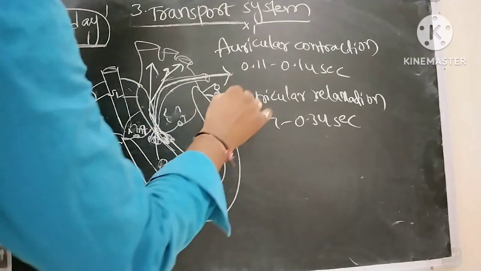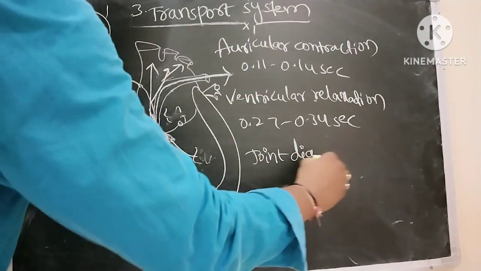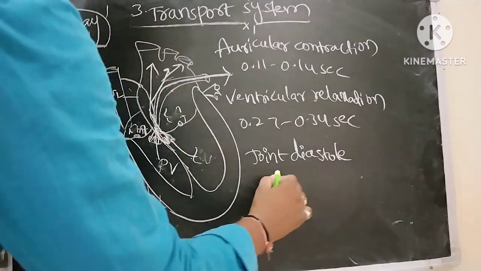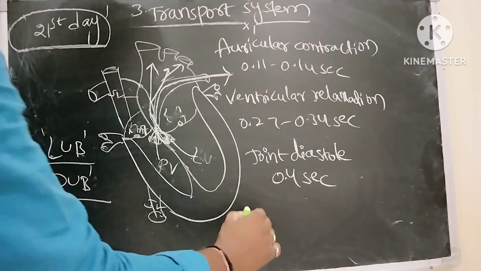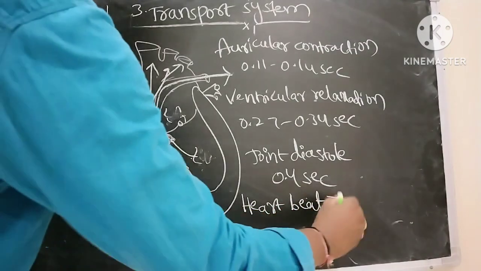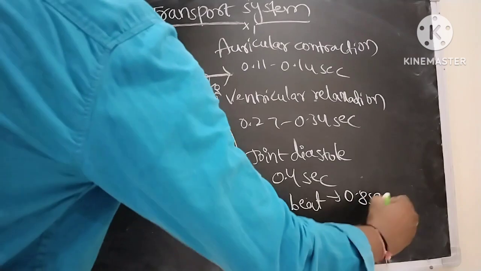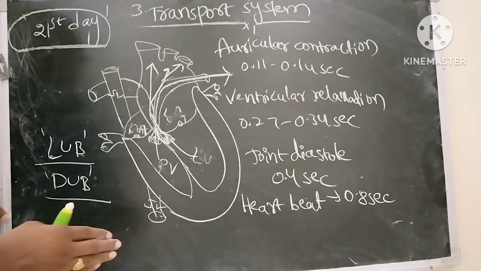Joint diastole is the time when both auricles and ventricles are in a relaxed state, which takes 0.4 seconds. Approximately the whole time taken for a heartbeat is 0.8 seconds. So this is the cardiac cycle.